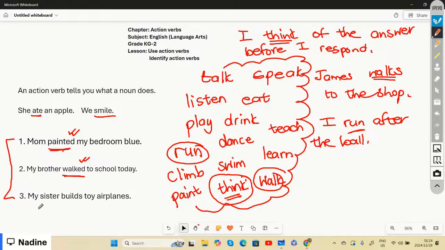The next one says my sister builds toy airplanes. So now we need to identify the action verb that tells us what my sister does. So what does my sister do? It says my sister builds toy airplanes.